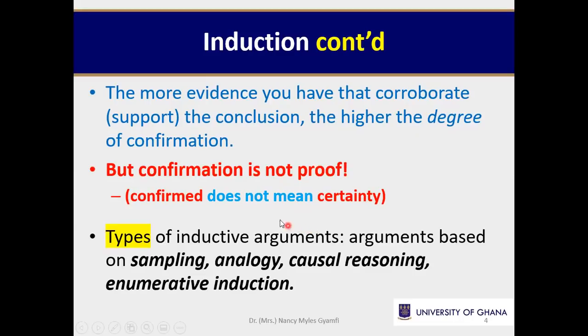So when you are getting several instances that support a generalization, we work with it. We manage with it. We say that anytime we throw a ball up, it will come down. All those are scientific generalizations. But we are careful always to anticipate the possibility of what? A counterfactual. That is the rationale behind scientific research.